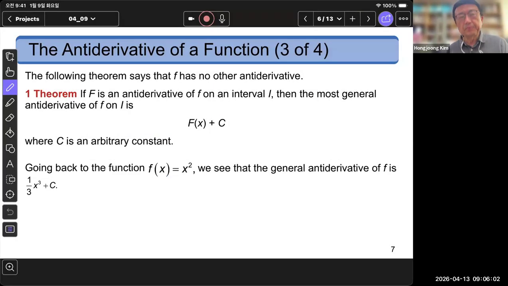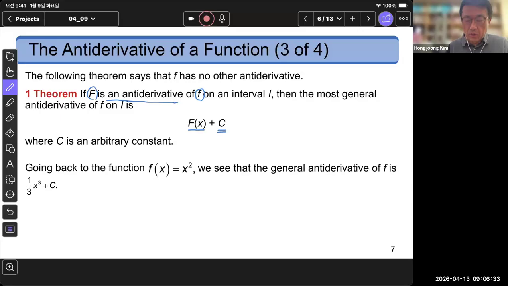So we have one very simple theorem. If uppercase F is one of the antiderivatives of the lowercase f function, then the most general antiderivative of f is this uppercase F plus any constant.